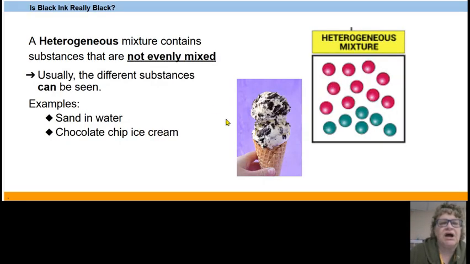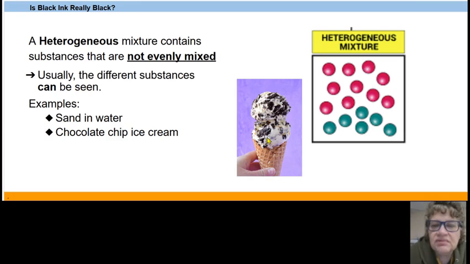Okay? A heterogeneous mixture contains substances that are not evenly mixed. Okay? So in a heterogeneous mixture, the particles are kind of randomly placed, right? Usually the different substances can be seen. So, for example, chocolate chip ice cream.